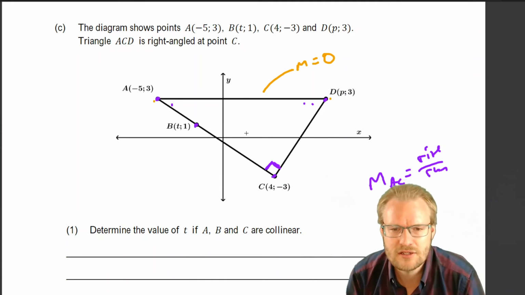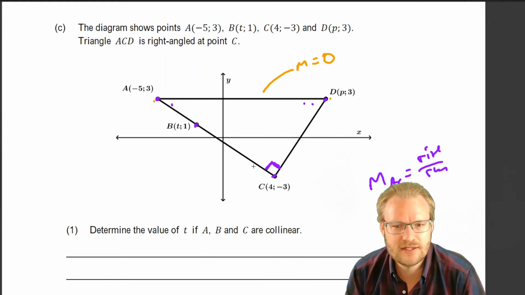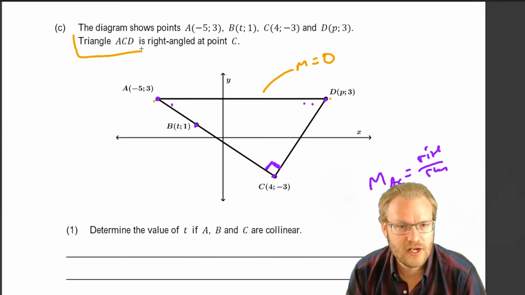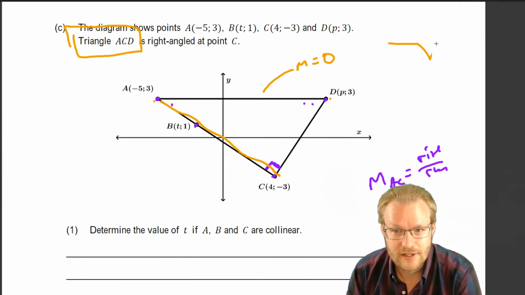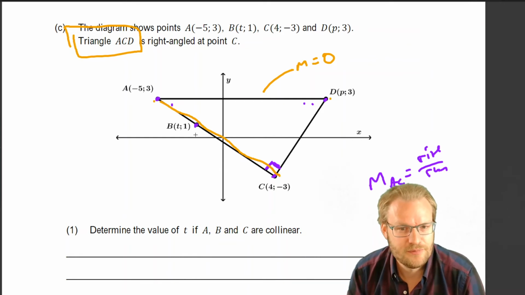Same for vertical lines. Okay, so it looks like this is a straight triangle ACD. Triangle ACD means this must be a straight line, because otherwise it's not a triangle, it's not three sides.